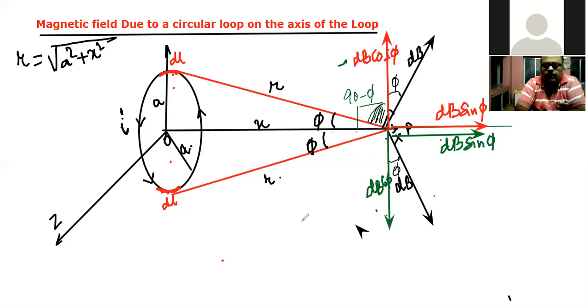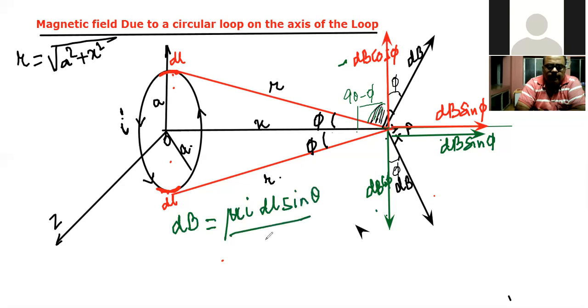So from here what will we get? Now we have to find out dB. We apply the Biot-Savart law, so dB will be equal to mu I dl sin theta divided by 4 pi r square. Now children, this is the direction of the current and this is your radius vector.